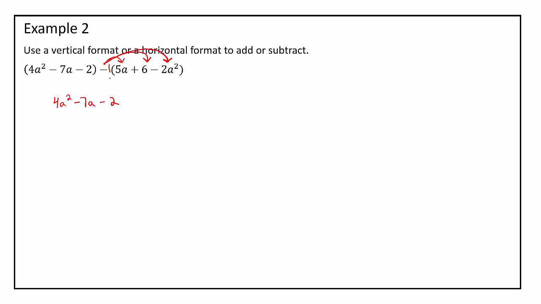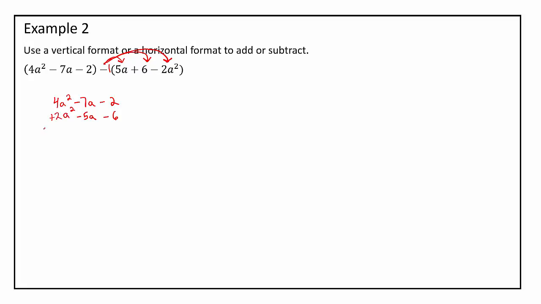So I'm not going to have a positive 5a, I'm subtracting 5a. I'm not going to add 6, I'm going to subtract 6. And I'm not going to add a -2a squared, I'm supposed to subtract a -2a squared. If I subtract a negative, that's really like I'm adding. So every sign has to change.